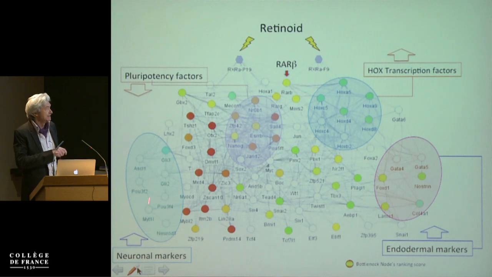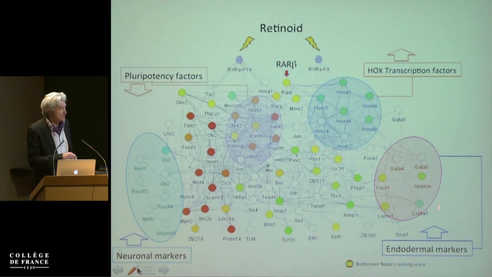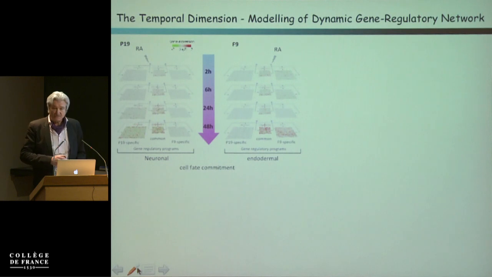So these are cell-specific activated, regulated genes, and here are also cell-specific regulated genes, but these are markers for endodermal differentiation. So this is a network which is established without putting temporal information in there.